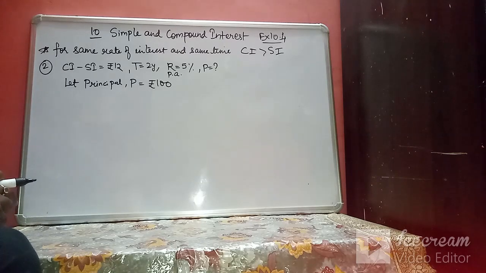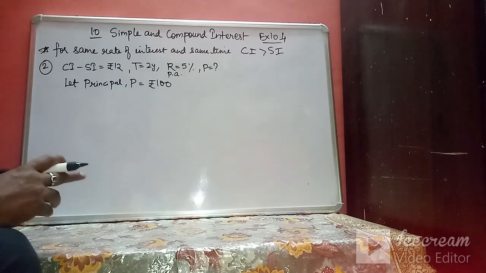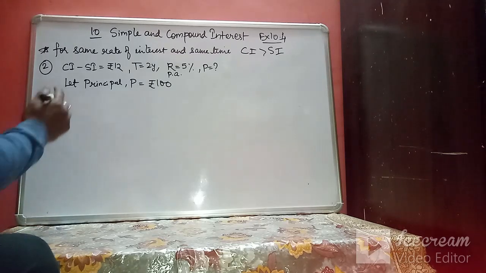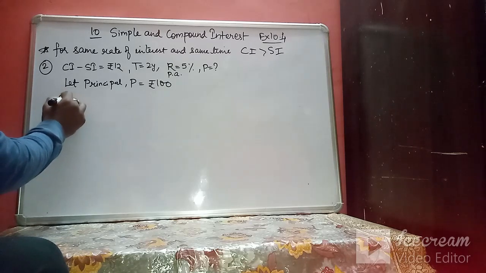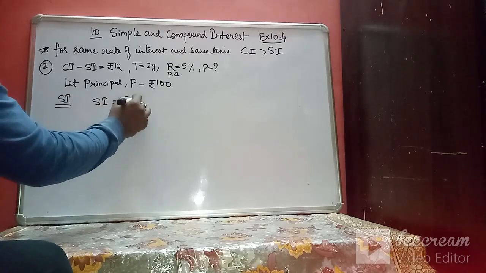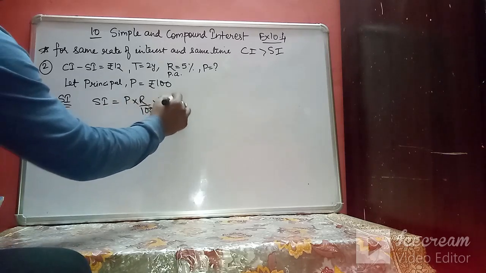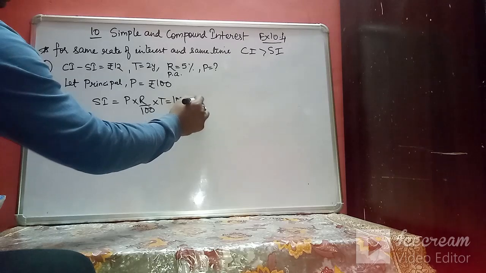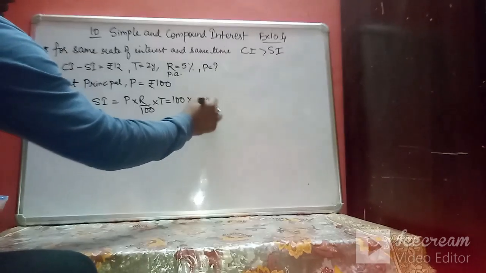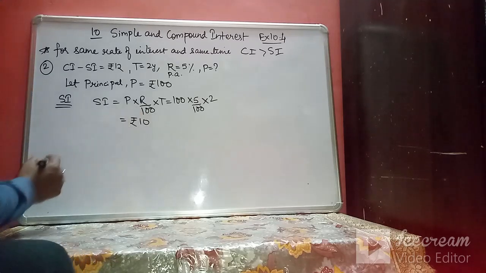We are taking the principal as 100, then we will convert it into the actual principal by the unitary method. So first thing is we have to calculate SI. SI we already know, P into R upon 100 into T, that is 100 into 5 upon 100 into 2. So SI will be rupees 10.